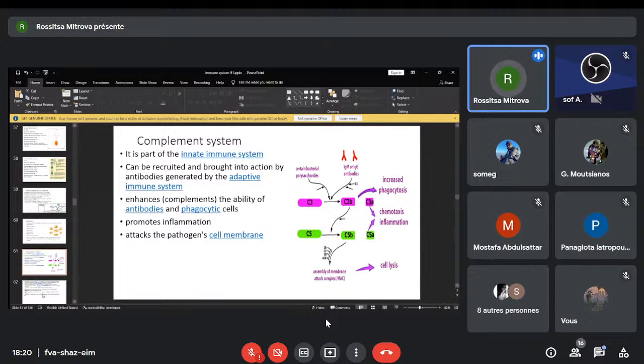The complement system. It is part of the innate immune system, can be recruited and brought into action by antibodies generated by the adaptive immune system, enhances or complements the ability of antibodies and phagocytic cells, promotes inflammation, and attacks the pathogen's cell membrane.